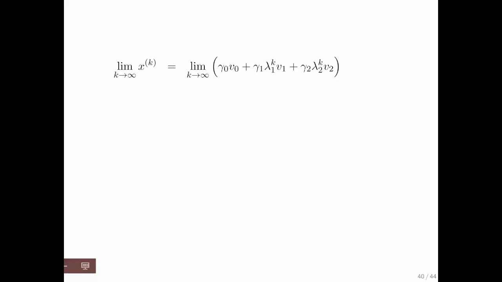So if we look at the limit, as we look at more and more days in the future, that means that we have to look at the limit of this. And if you haven't taken calculus yet, then you don't quite know what the limit means. But think of it as this integer k gets arbitrarily large. Well, think about it. If you take the fraction 1/2 and you keep raising it to a larger and larger power, eventually it goes to 0.